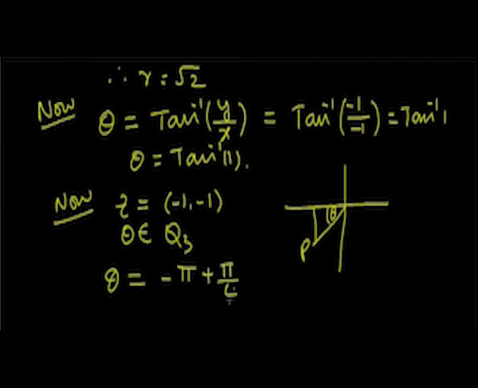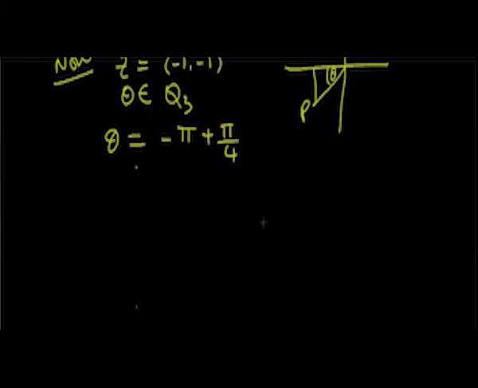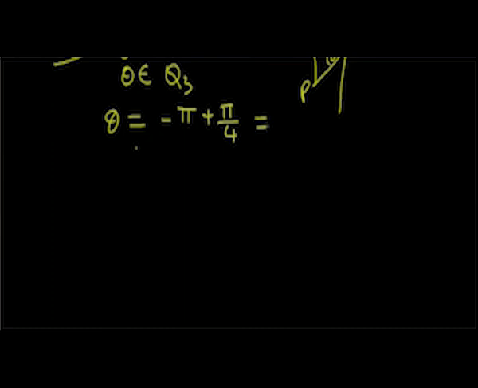So here the angle should be minus pi plus pi by 4. That is equal to, taking LCM, minus 4 pi plus pi over 4, minus 3 pi by 4. So this is the angle.